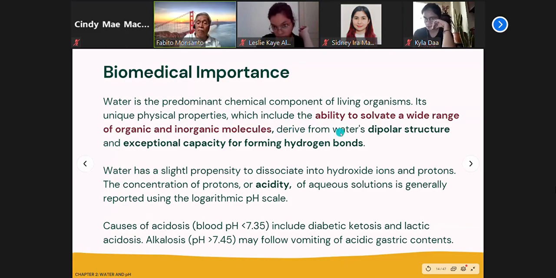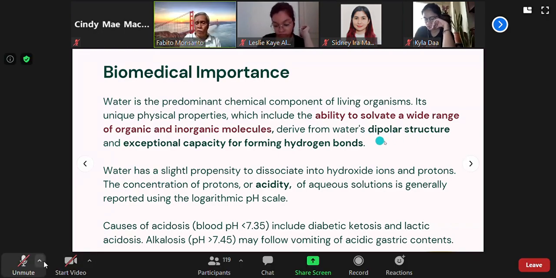This derives from the ability of water to do this because of its dipolar structure. What do you mean by dipolar? When you say dipolar molecule, a molecule that has two charges, a positive charge and a negative charge.